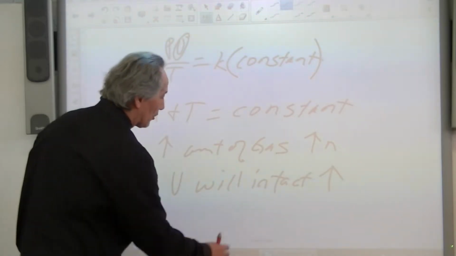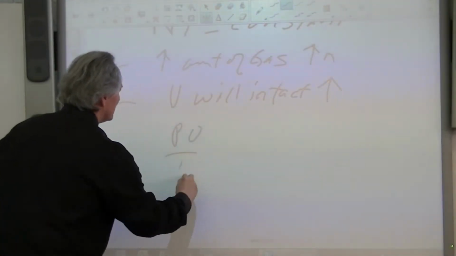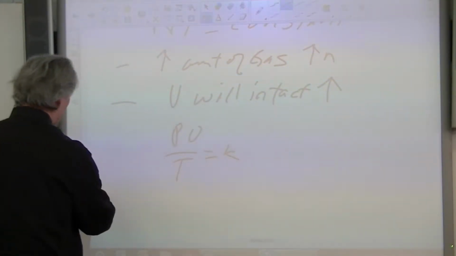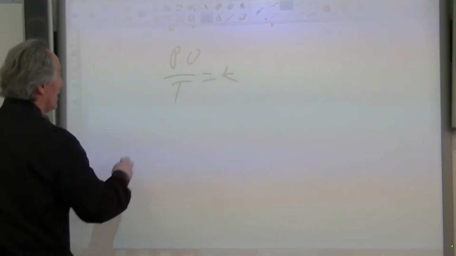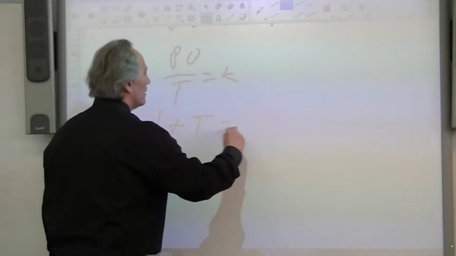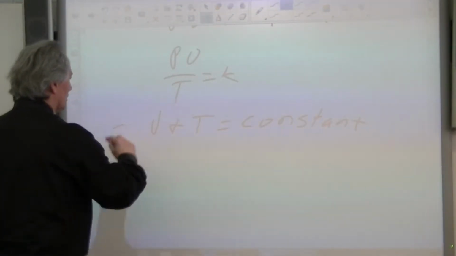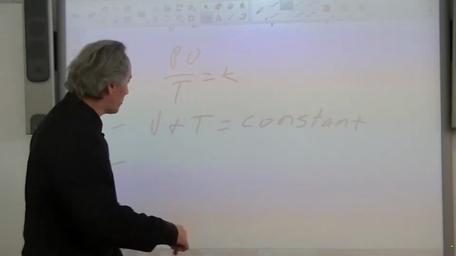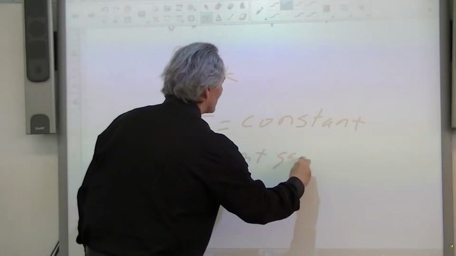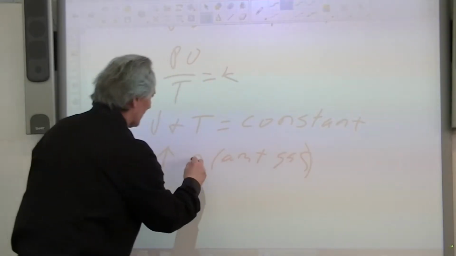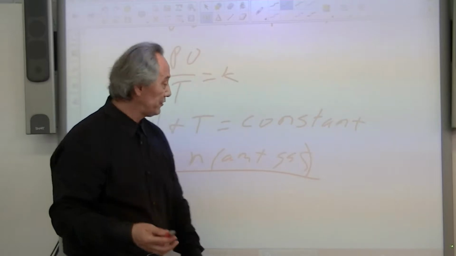Well, let's look at one more condition. Let me rewrite this: PV over T equals that constant. Let me scroll that up so we can see that. Let's say, for example, the conditions are where volume and temperature are constant. And again, we increase the amount of gas, and again, I'm representing that increase by n, or moles.